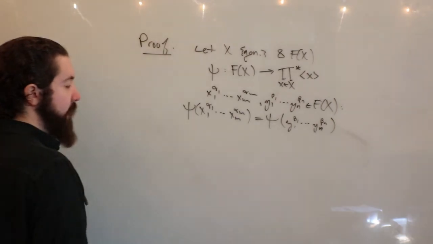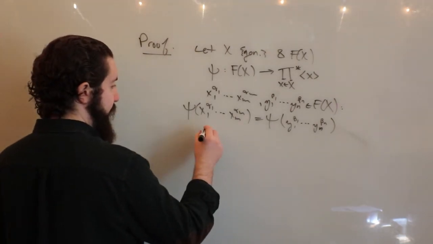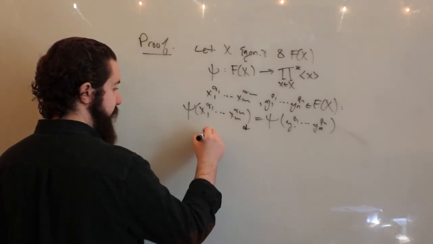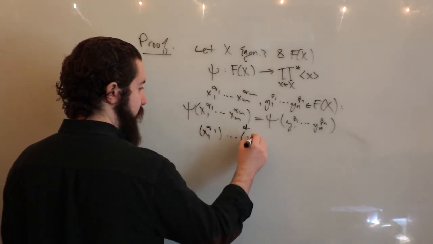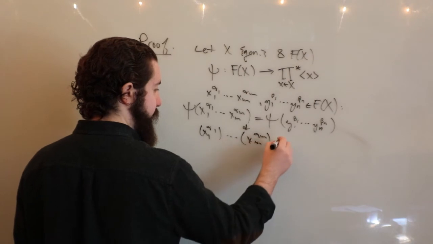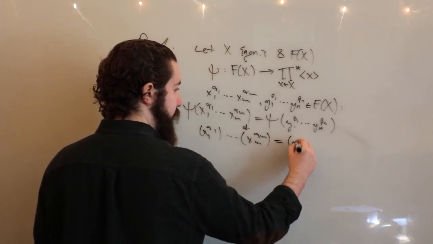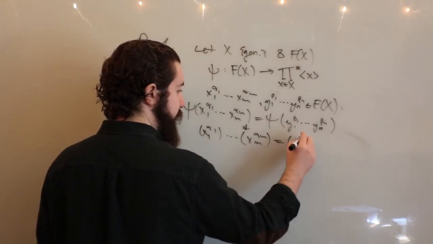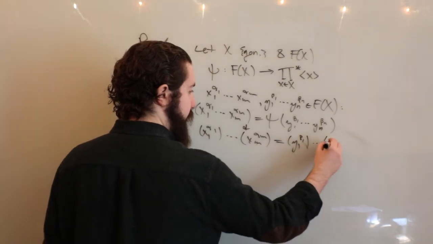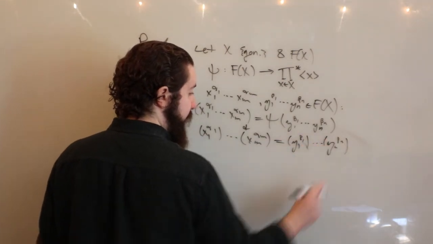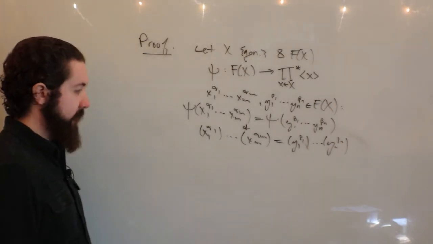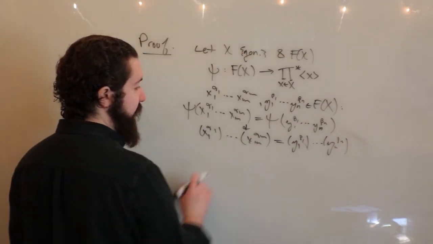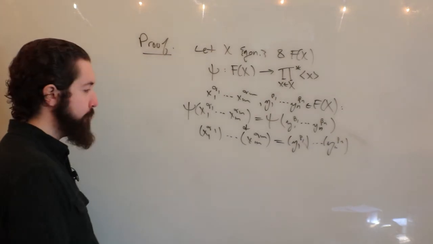Well, we are going to have then that x1 to the alpha 1 all up to xm to the alpha m is equal to y1 to the beta 1 all up to yn to the beta n. And of course, because these are both reduced, they have to be the same word.